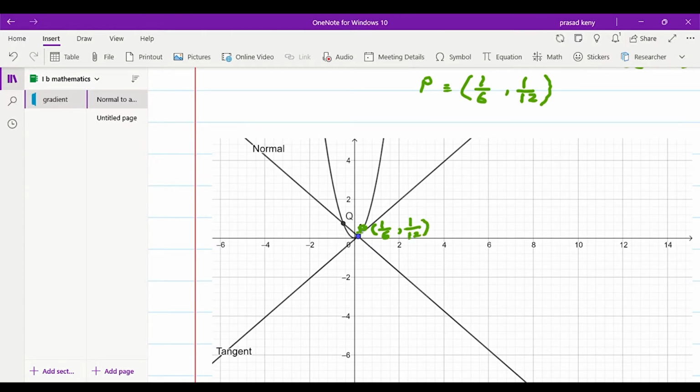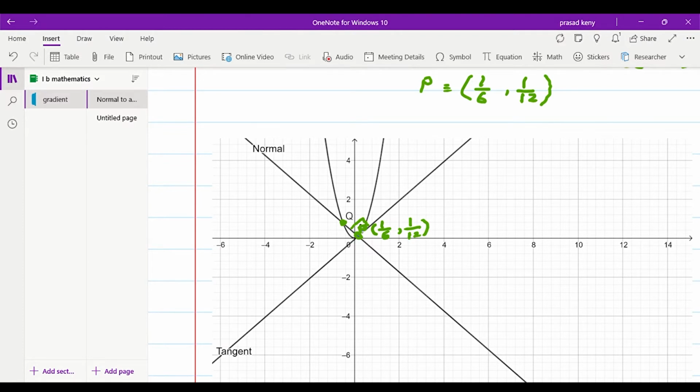See that the point P is common to all three. This is the point of contact, so it is on the curve, on the tangent as well as on the normal. So this is the normal that is drawn at P. It is perpendicular to the tangent and it is meeting the curve again at point Q.